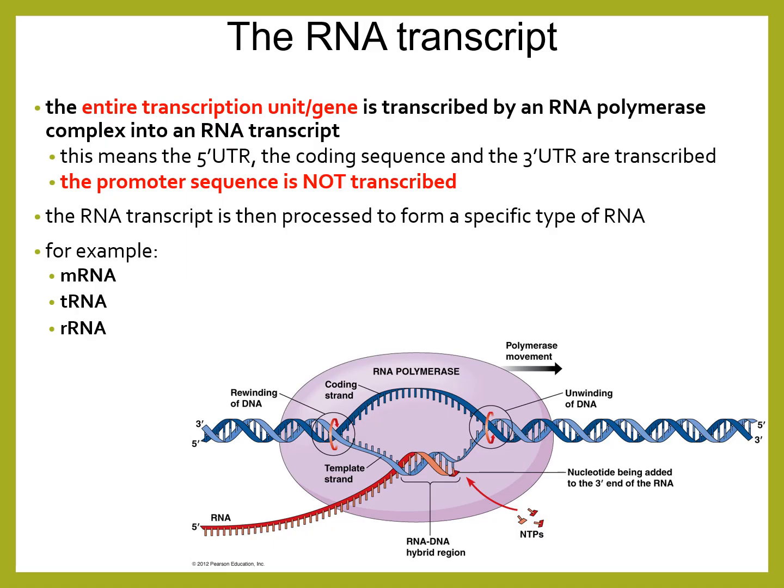We're going to look at mRNA, tRNA, and rRNA. So following transcription, the RNA transcript of mRNA is going to get processed in a specific way. The RNA transcript for tRNA is going to get processed in a different way. And the RNA transcript for rRNA is going to be processed in yet another different way.